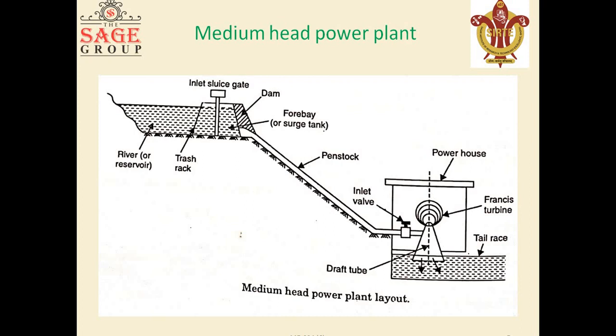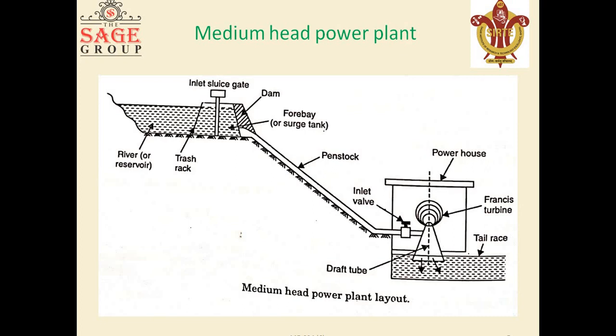When the operating head of water lies between 30 and 100 meters, and this data can also overlap, the power plant is known as a medium head power plant. This type of plant commonly uses, as we know, the Francis turbine. The forebay provided at the beginning of the penstock serves as a water reservoir.